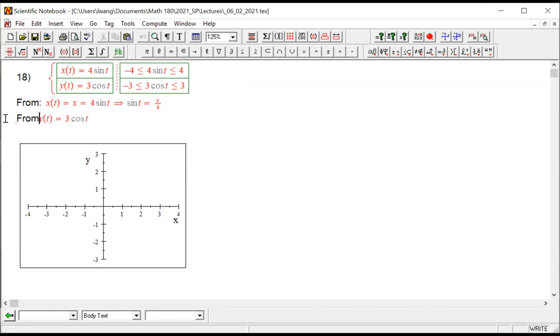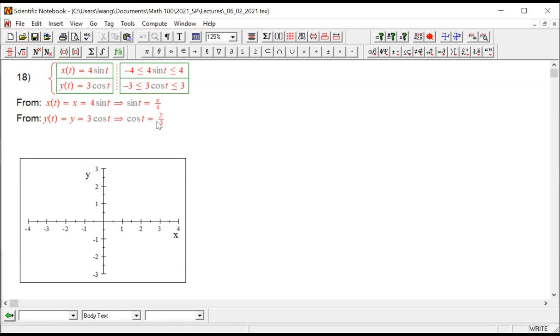From the second one, we're getting cosine t equals y over 3.